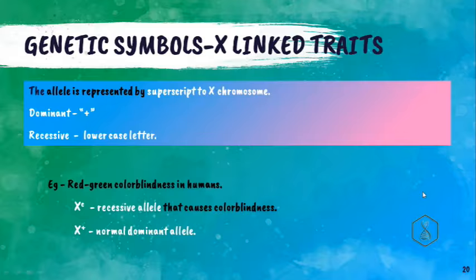Example, in an X-linked trait, that is red-green color blindness, X superscript c represents the recessive allele that causes color blindness, and X superscript plus sign represents the normal dominant allele. Remember that for X-linked traits and multiple alleles, the allele should be represented as superscript to the X chromosome in case of X-linked traits, and to a letter which represents the main character in case of multiple alleles.